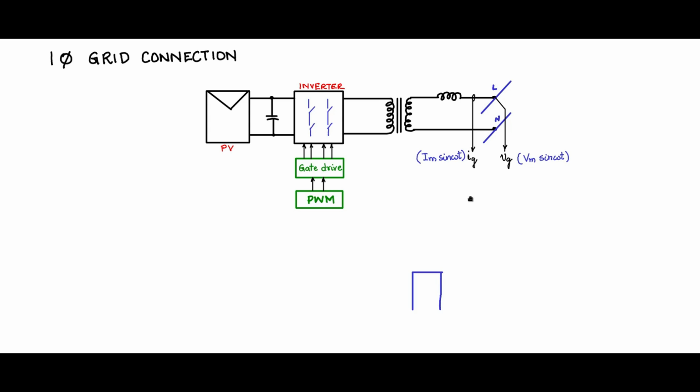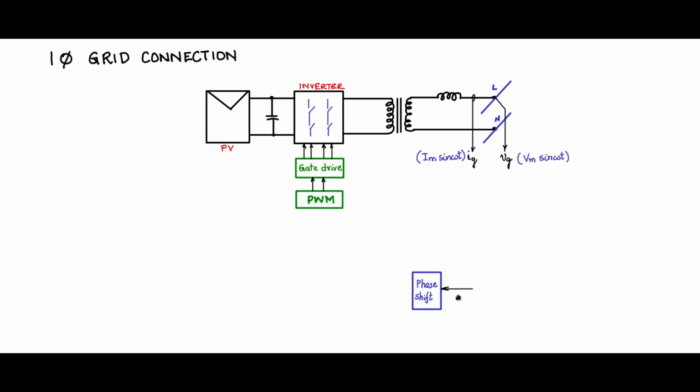Let me consider a phase shifter block. So let us say this phase shifter block does the job of taking the input signal and shifting the phase by 90 degrees. We will see how we can realize that, but that is the objective of this phase shifter block.